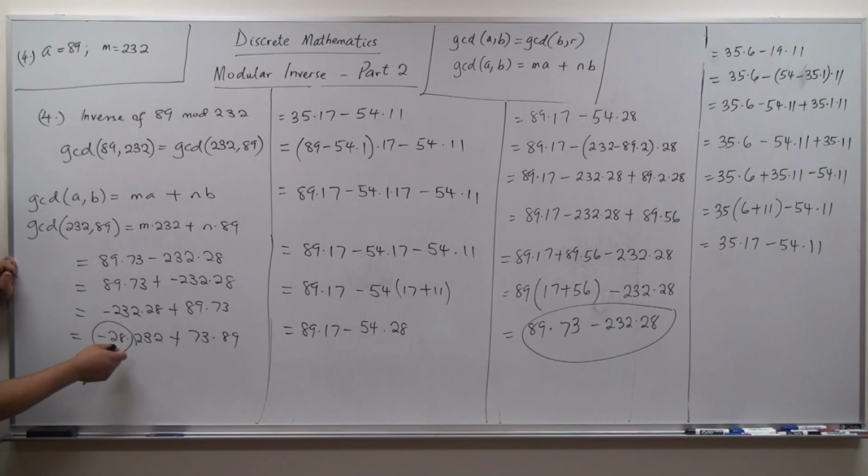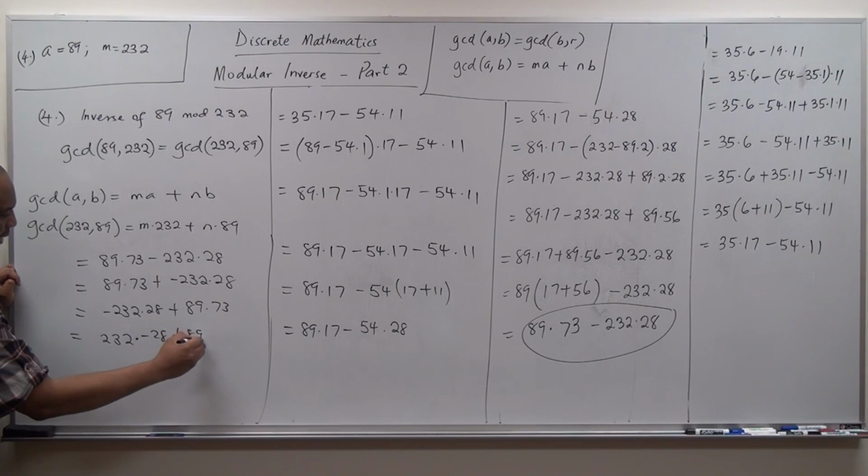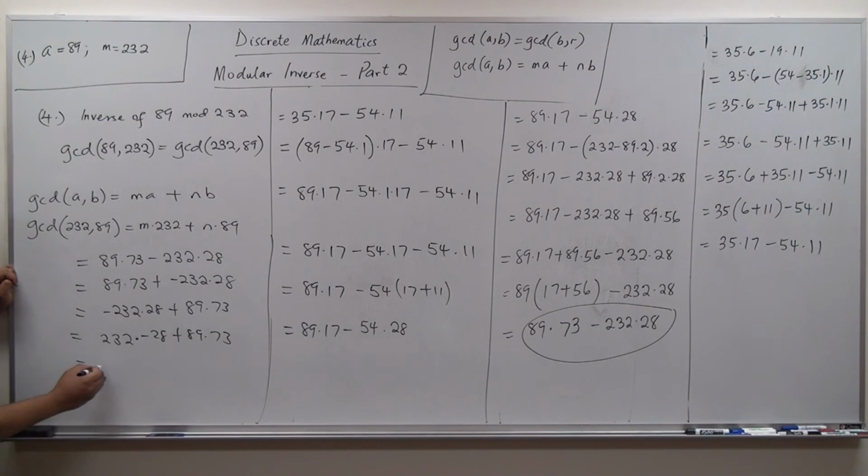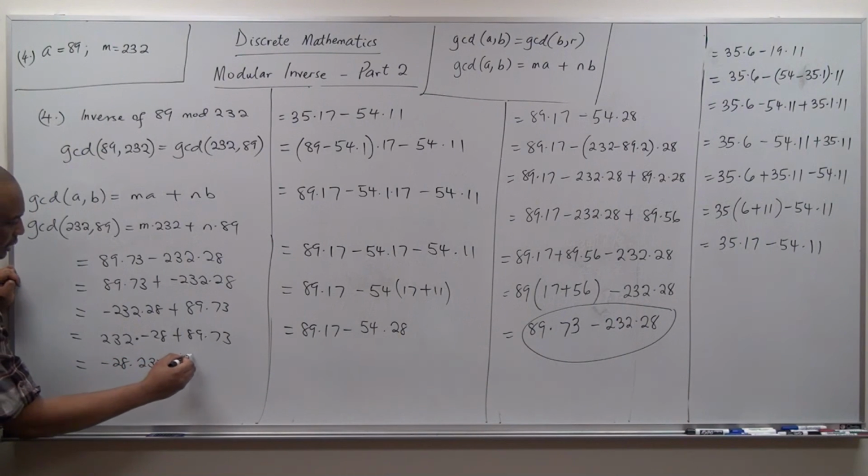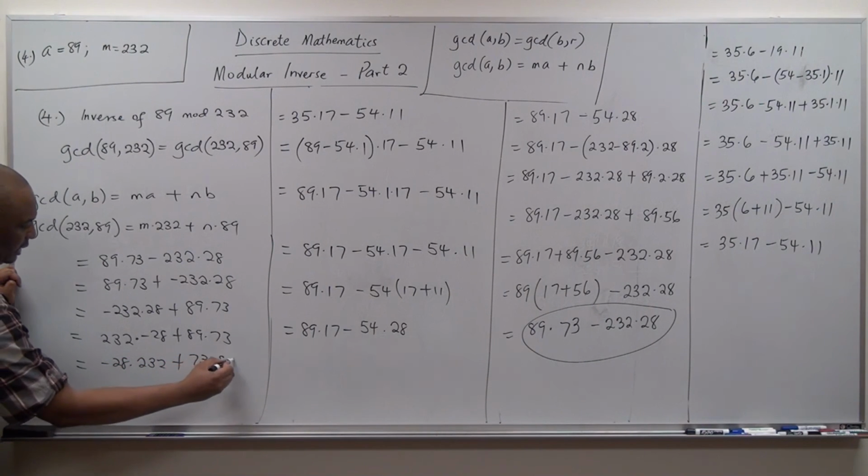So you see, let me break this down further. This is now 232 times negative 28 plus 89 times 73, which is now negative 28 times 232 plus 73 times 89.